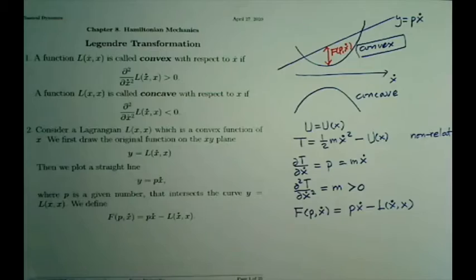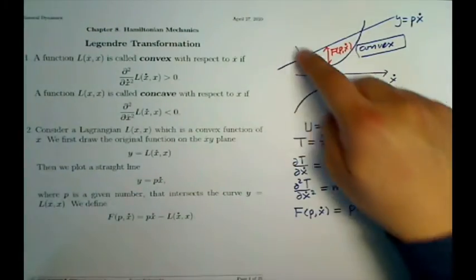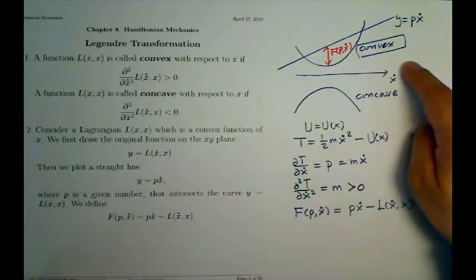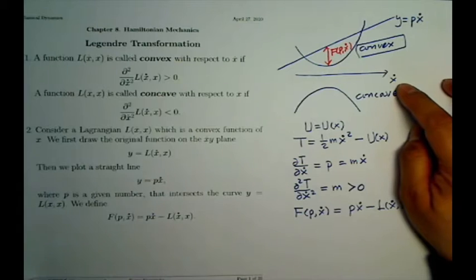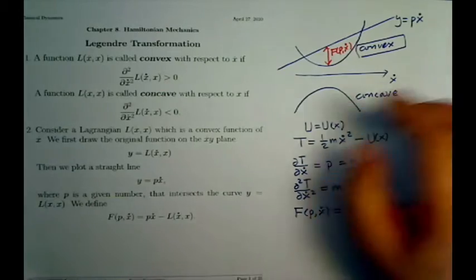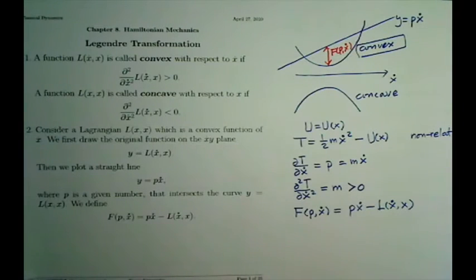First, a function is convex. A function is convex with respect to a variable. Especially we are interested in the variable x dot. The reason is that the kinetic energy in the Lagrangian is expressed in terms of x dot.